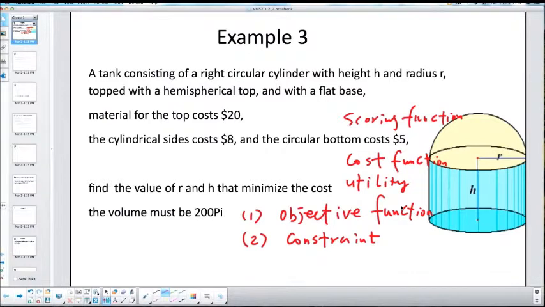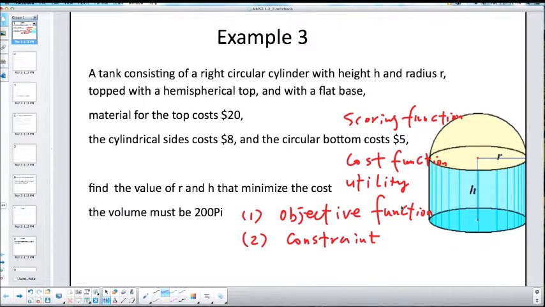So in this particular example, we want to build a cylindrical tank. On the top is a hemisphere dome shape. On the bottom is a flat base. So this tank is made of 3 pieces of surfaces.